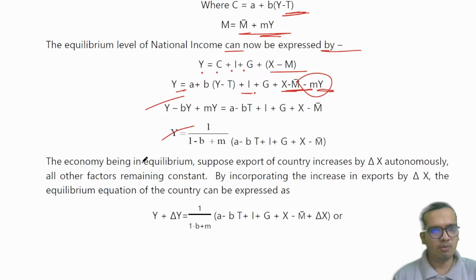Then, the economy being in equilibrium, suppose exports of the country increase by delta X autonomously, all other factors remaining constant. By incorporating the increase in exports by delta X, the equilibrium equation of the country can be expressed as above.